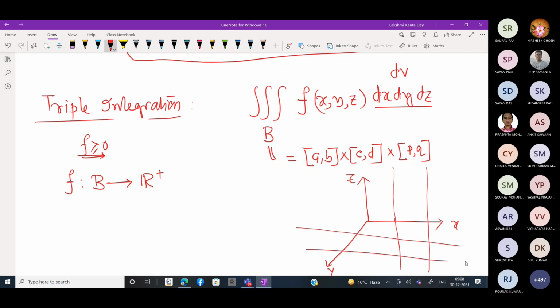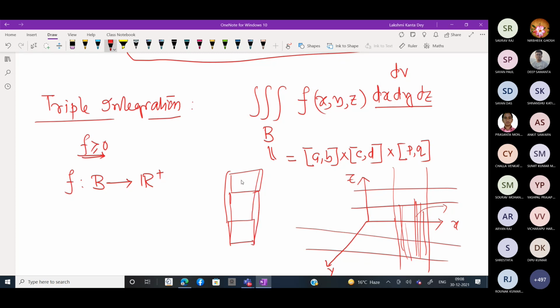If z is in between something, then whatever the common portion, basically this part, is your box, the rectangular parallelepiped. This is a three-dimensional thing. Okay, so this is your box.